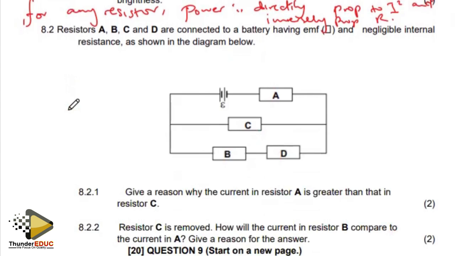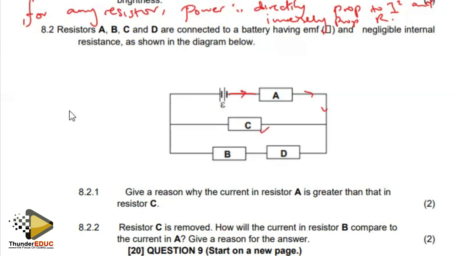(8.2) Resistors A, B, C, and D are connected to a battery that has EMF and energy given to resistance as shown. Give a reason why current in A is greater than the current in C. So by virtue of looking at this, A is connected to the line that is going to feed these others.